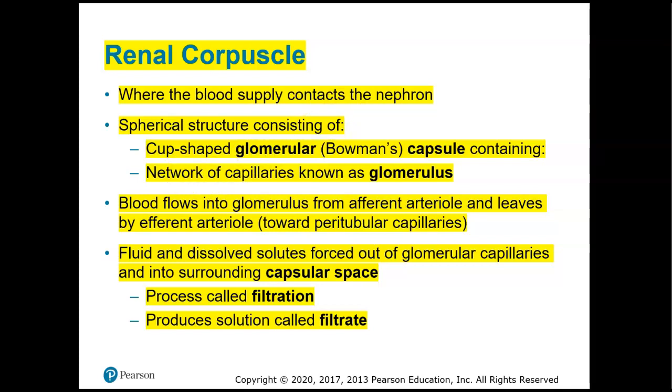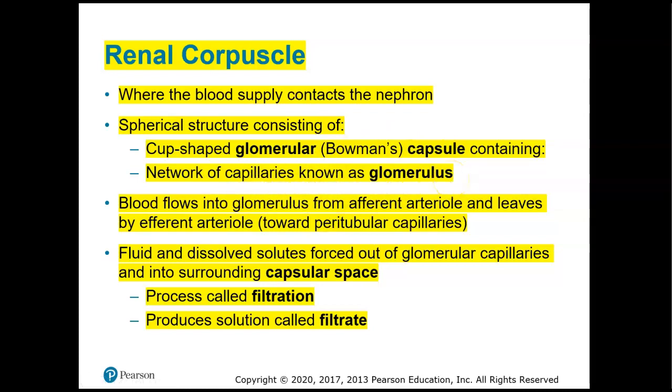First, you have the part that is the component of the nephron itself, the cup-shaped glomerular capsule or Bowman's capsule. I will call it the glomerular capsule. And inside of that capsule is a network of capillaries known as the glomerulus.